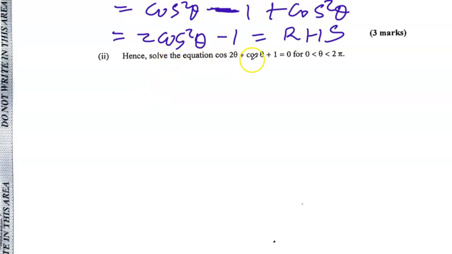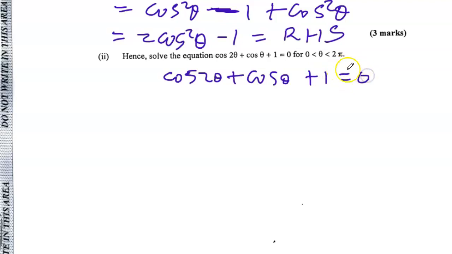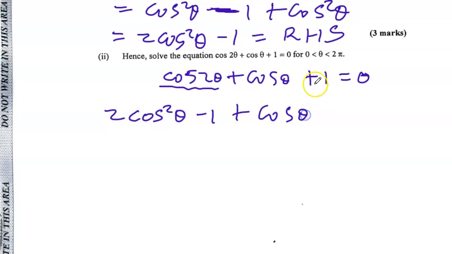Next, we're asked to solve the equation cos 2 theta plus cos theta plus 1 equals 0 for the angles 0 to 2 pi. 2 pi is the radian equivalent to 360 degrees. Now we just found that cos 2 theta is identical to 2 cos square theta minus 1, plus cos theta plus 1.